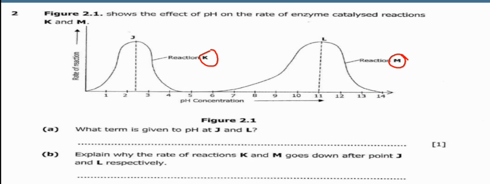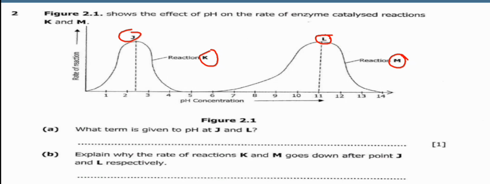So let's try to answer some questions. We have question A, which is saying what term is given to pH at J and L? So at J and L, it is called the optimum pH. Now you need to be very careful. Some students find it very difficult to identify which one is the optimum pH and which one is the optimum temperature.